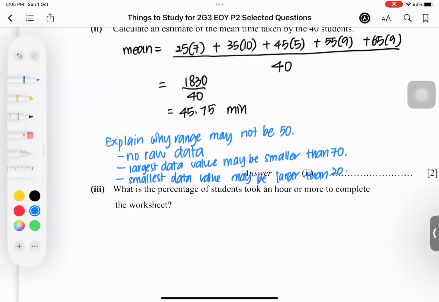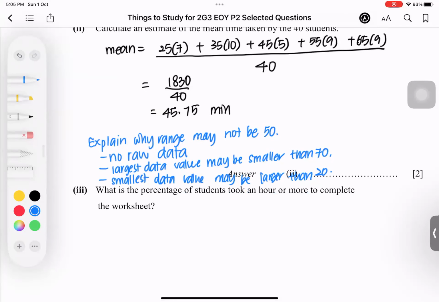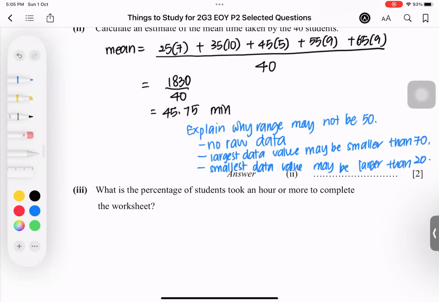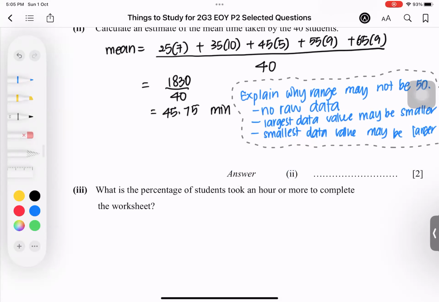If that's the case, then you may not get a range of 50. So this is one of the questions that you probably want to revise a little bit. Let me put it somewhere here.